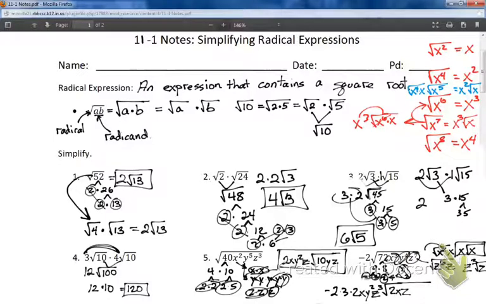And then just simplifying, negative 2 times 3 times 2, that's what? Negative 6 times 2 is negative 12. So I'm just going to rewrite this here as negative 12. Done. That's your answer. Negative 12x, y to the 2nd, z to the 3rd, root 2xz.